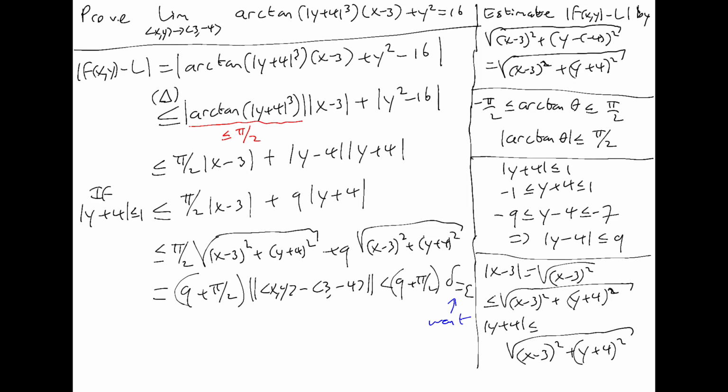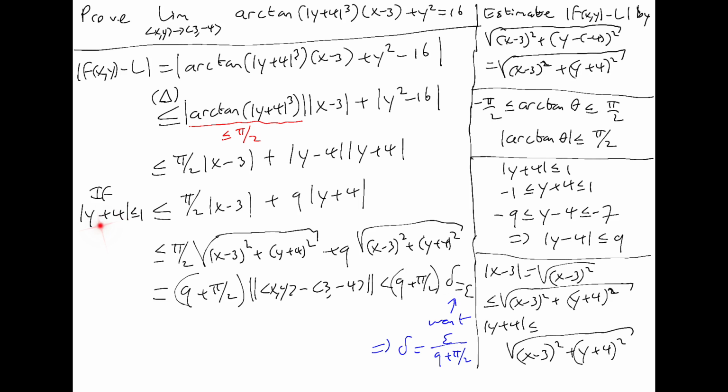Right? So now we need to solve that equation, and that's very easy. We see that the delta that we should pick is simply epsilon over 9 plus pi over 2. Or less or equal than that is also fine, obviously. And then we have what we want. We have that this can be estimated by epsilon.